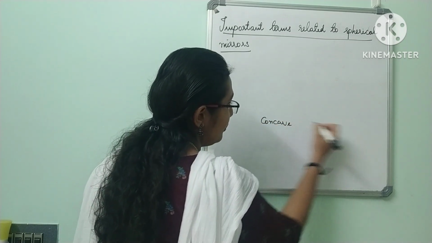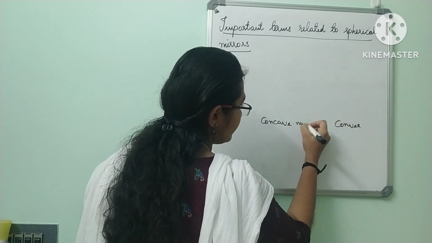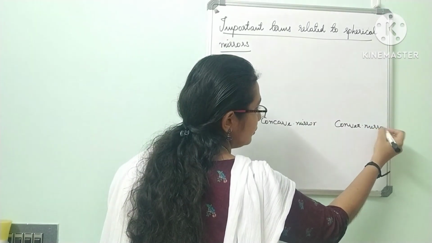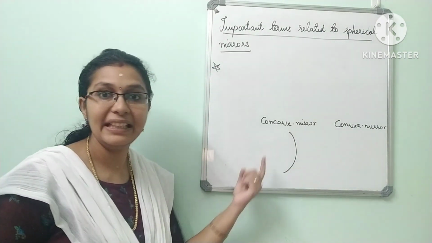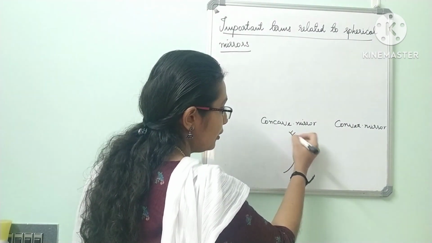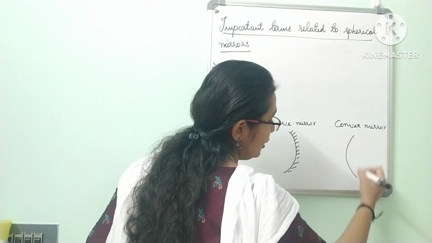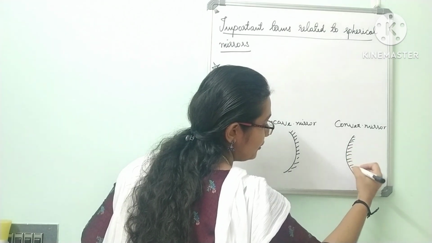Concave mirror and convex mirror. How is a concave mirror drawn? A reflecting surface is bulged inwards. This is nothing but concave mirror, and this is the polished surface. In convex mirror, your reflecting surface is bulged outwards, and this is the polished surface.